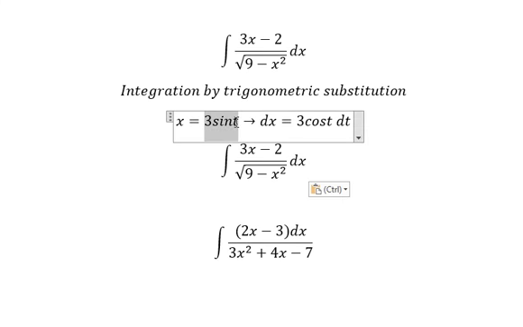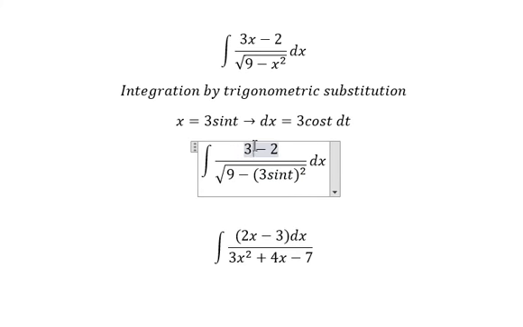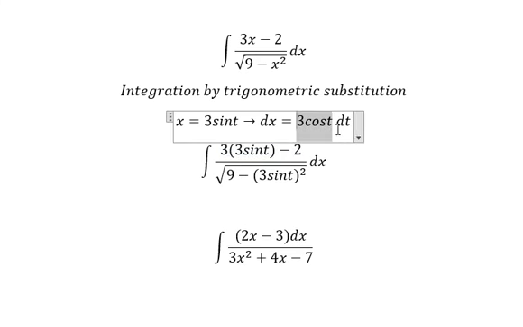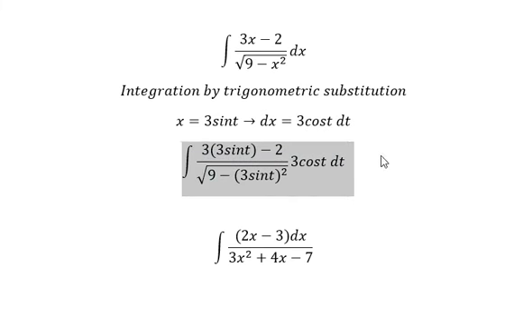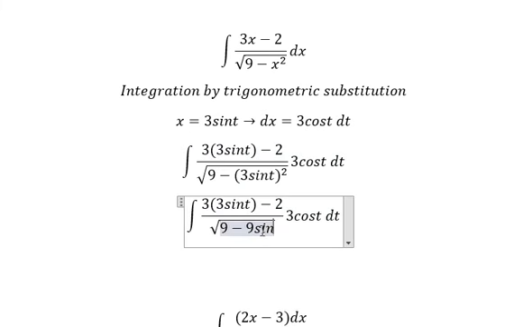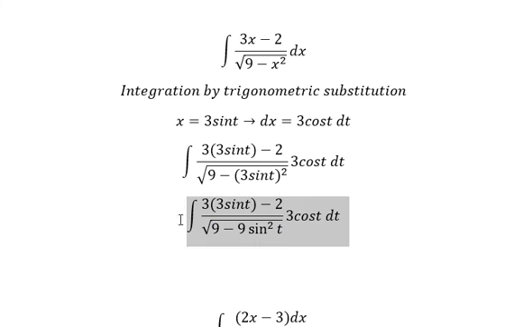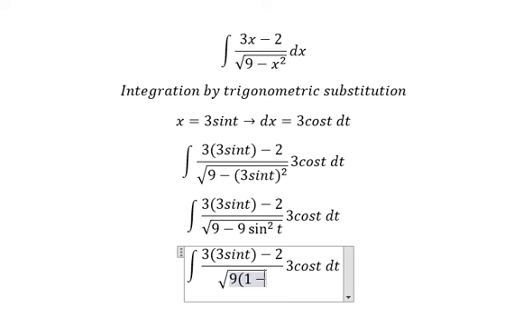So we put this one in here and here. The s we change for this one. So this one you get 9 sine t square. Number 9 and number 9, we can do factorization.